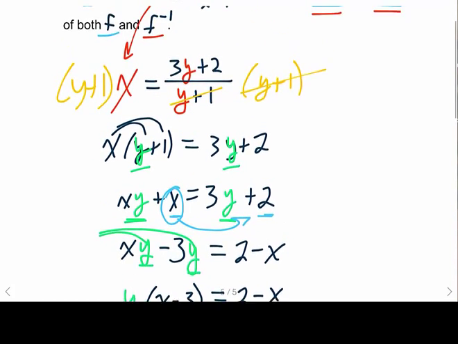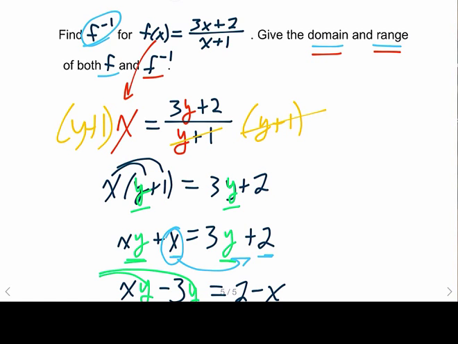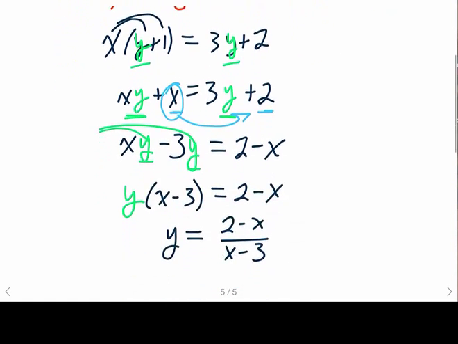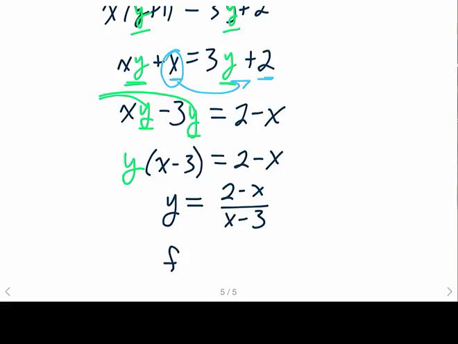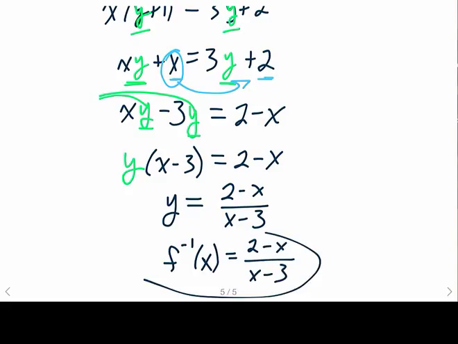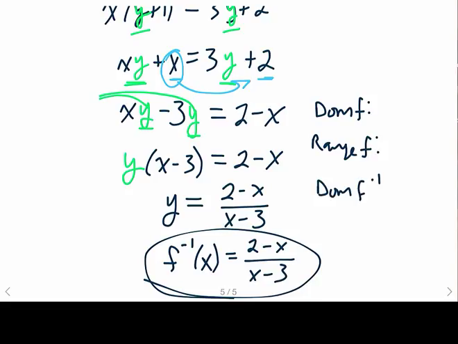Now scrolling back up, we were given that this was f, and we were supposed to find f inverse. So I'm going to rewrite this as f inverse of x is equal to 2 minus x divided by x minus 3. That's one of the things that we were looking for. But we were also supposed to find the domain of f, the range of f, the domain of f inverse, and the range of f inverse.